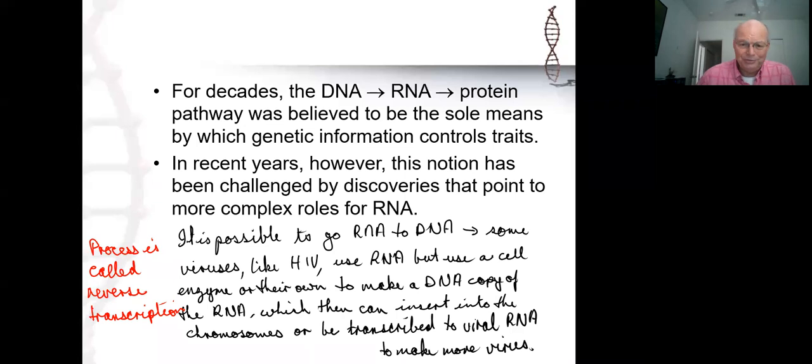It starts making copies of itself. Or is a way of providing a template for making more RNA molecules that become the RNA molecules of the new virus particles. Either way goes. So this is something that's relatively new. We've known about this for about 30 years. So it's relatively new, comparatively speaking.